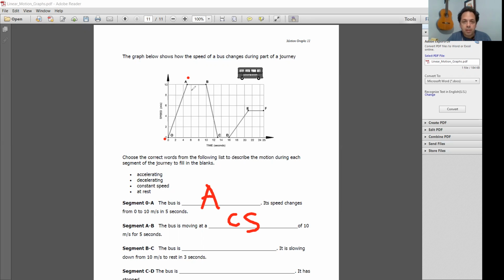How about B to C? Not accelerating. Well, it is an acceleration, but it's negative. So he's decelerating. And then the final one, the bus from C to D, look, he's at a 0 speed for a little while, constant speed of 0. So he's really at rest.